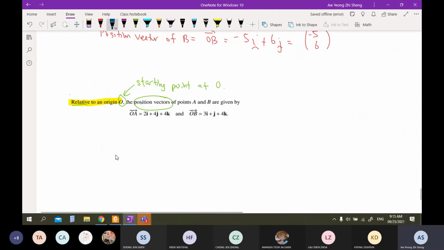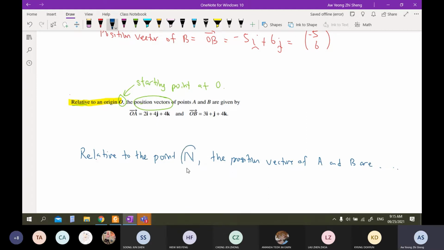Sometimes, but very, very rare, if they say relative to the point, let's call it N, where the position vectors of A and B are something, that means N will be the starting point.